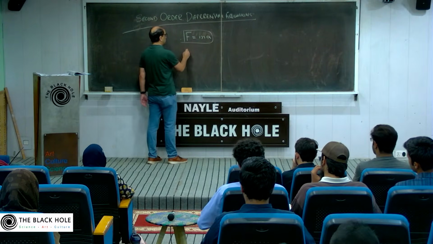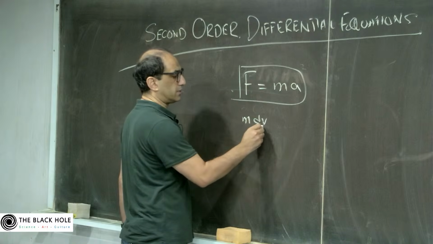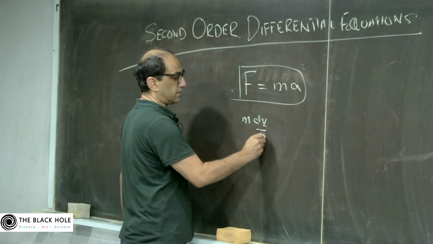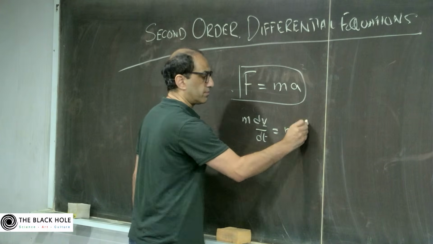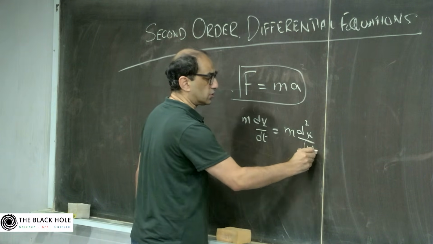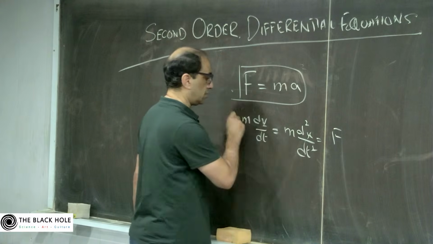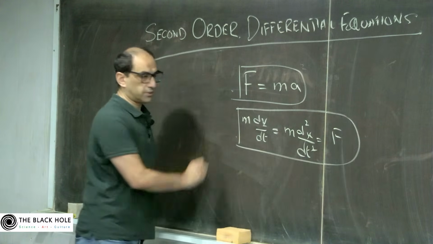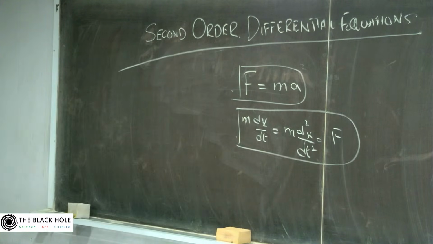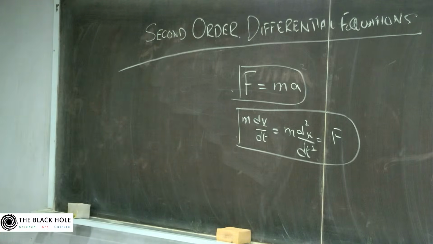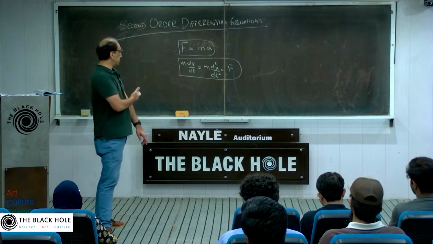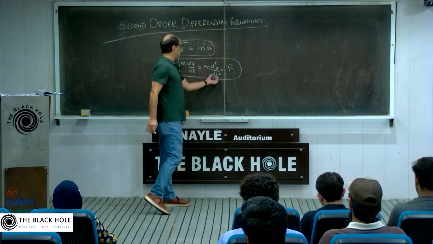This equation in principle can be written in terms of velocity, but of course you can express it as d2x over dt square, and this is what the force is equal to. So in terms of velocity, this is a first order differential equation, but in terms of space, it's a second order differential equation, and this is what we are going to deal with.